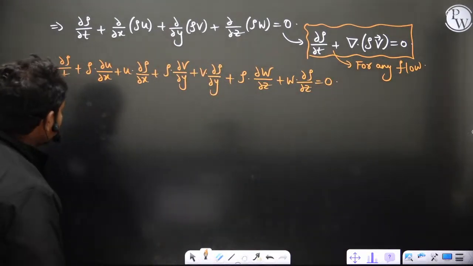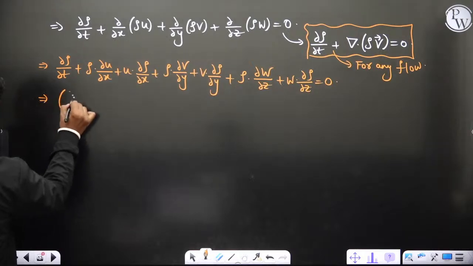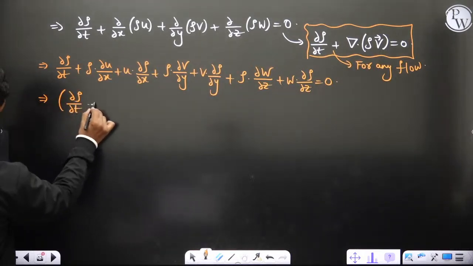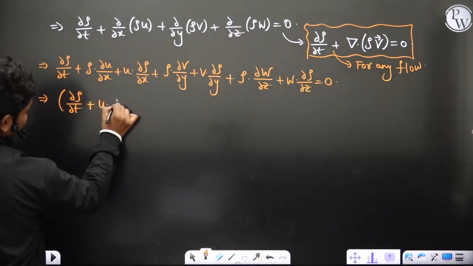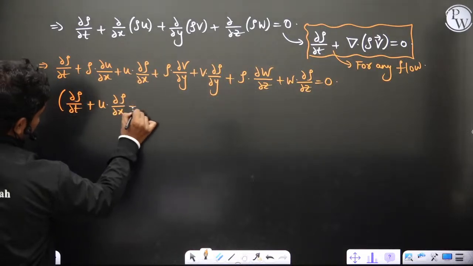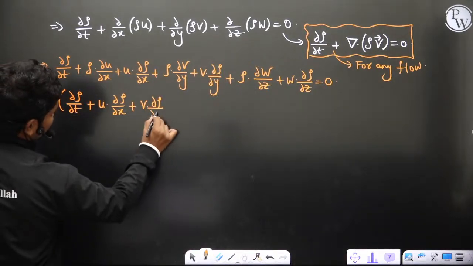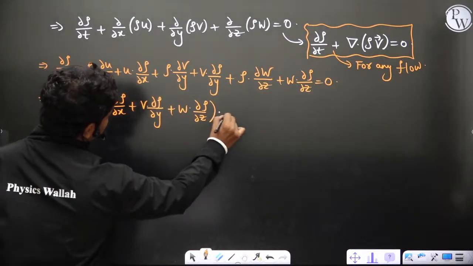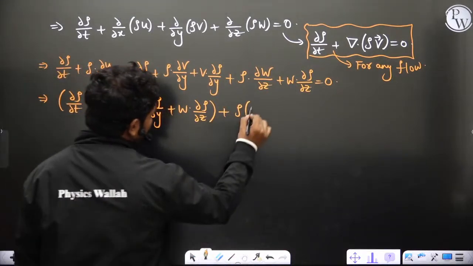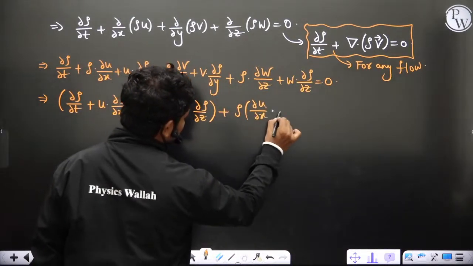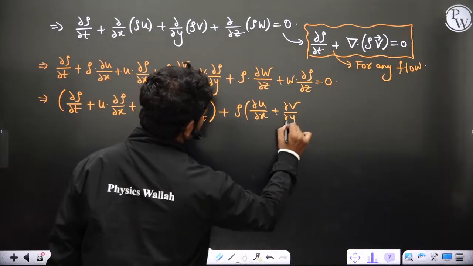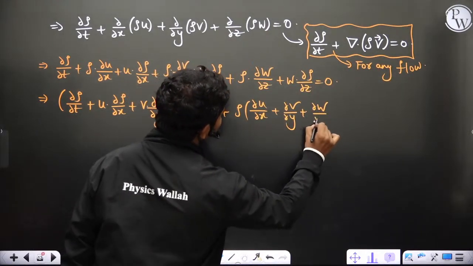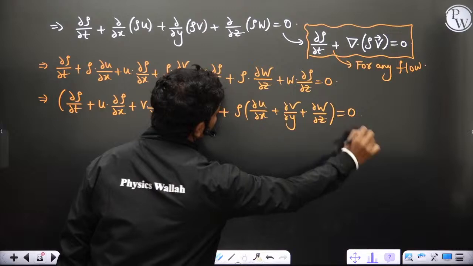We can make this dou rho by dou t plus u times dou rho by dou x plus v times dou rho by dou y plus w times dou rho by dou z, plus from the remaining terms we have dou u by dou x plus dou v by dou y plus dou w by dou z. Okay, so this is equal to 0.